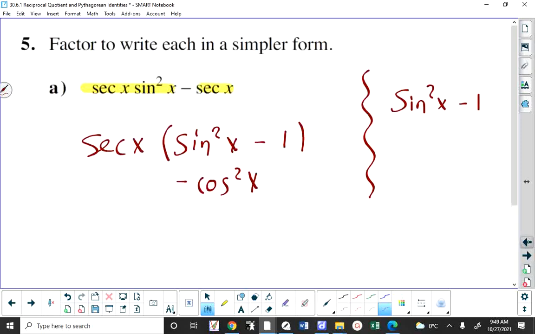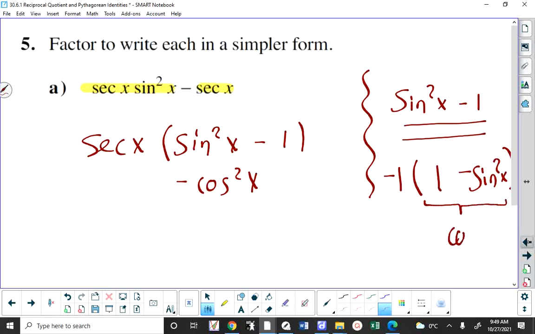All right. What can we do to this to make it 1 minus sine squared? We can factor a negative 1 out. If I factor a negative 1 out of here, then the sine squared will be negative, the negative 1 will be positive, and this is cos squared of x.